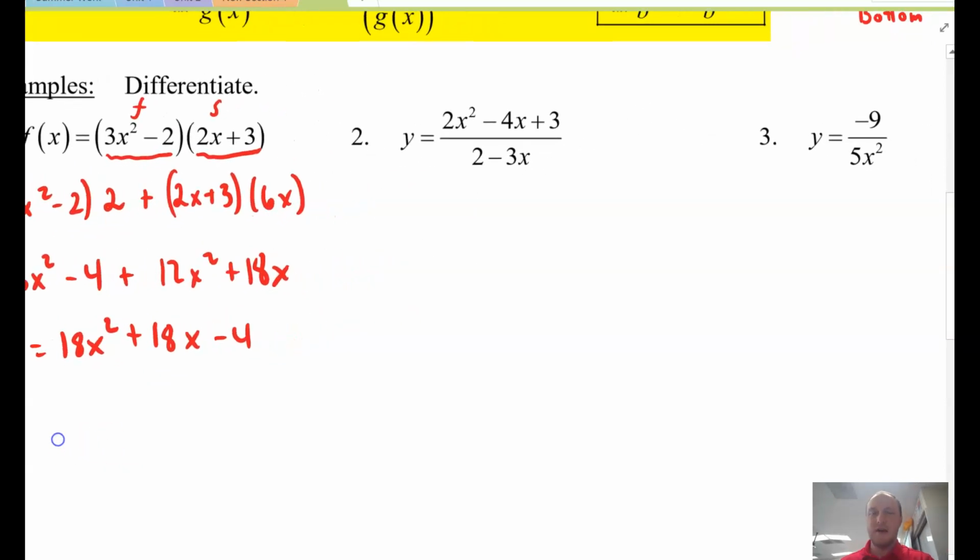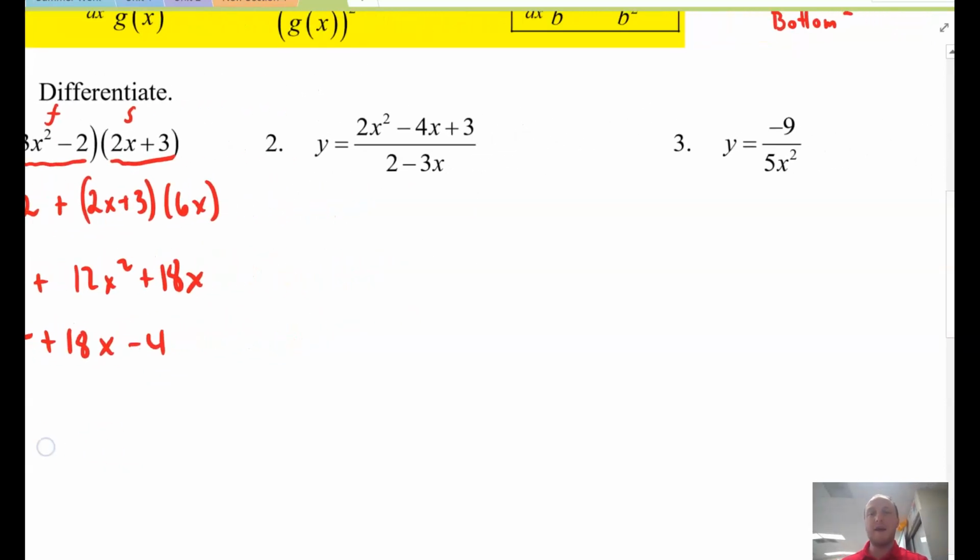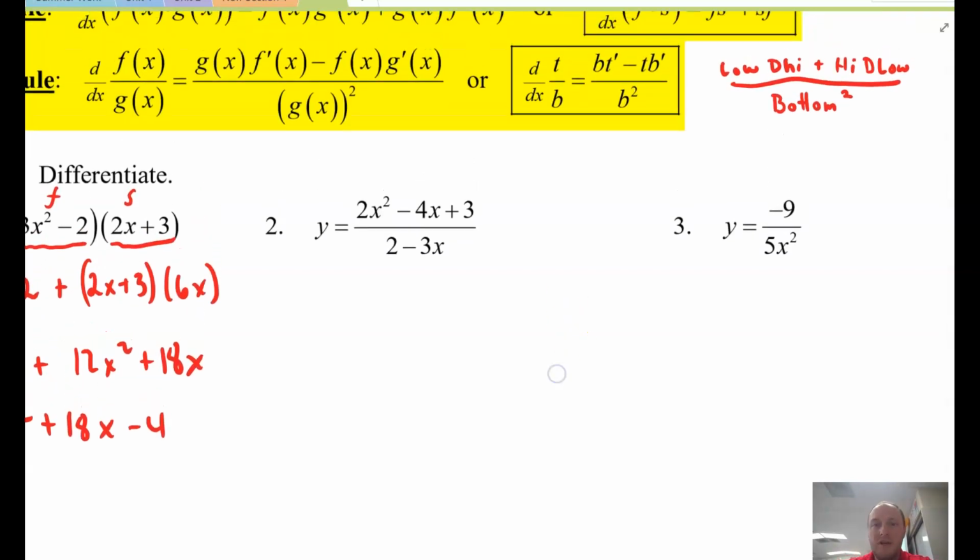Next, here we have a polynomial over a polynomial, and we are going to use the quotient rule. Remember the quotient rule is low d high minus high d low. Low being this portion here.